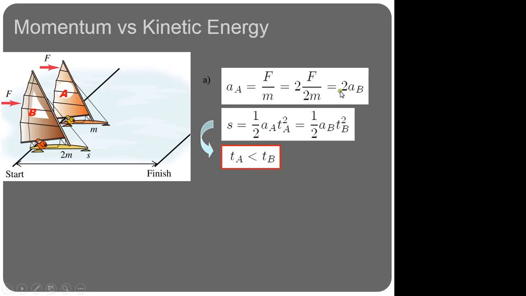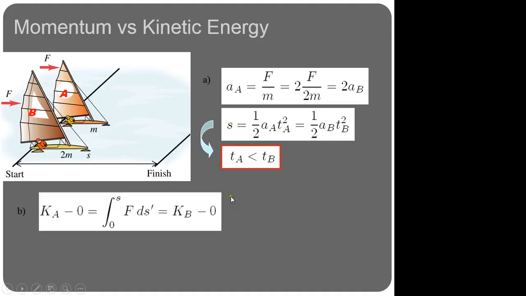The acceleration of A is twice the acceleration of B. So naturally, it will cover a larger distance in a shorter time. From this equation. Part B, we asked how their energies would be like.